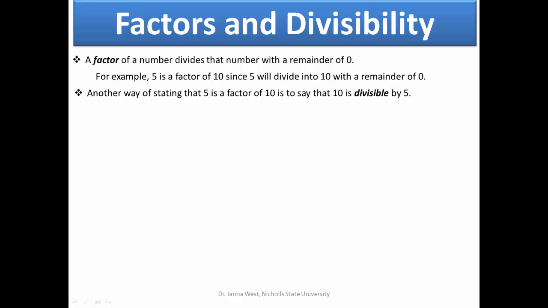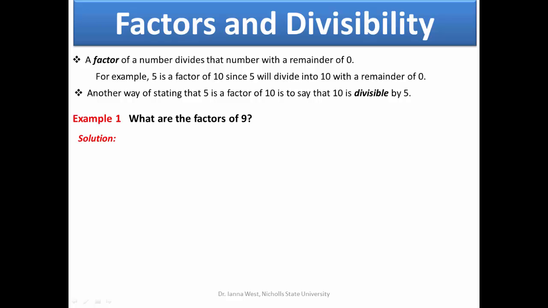We will look at some examples. What are the factors of 9? It is important to remember that 1 is a factor of every number. Also, for every number except 0, the number itself is a factor.